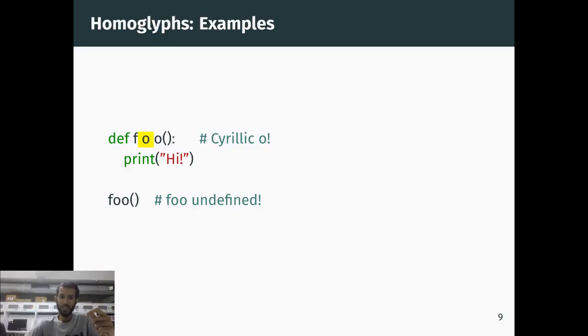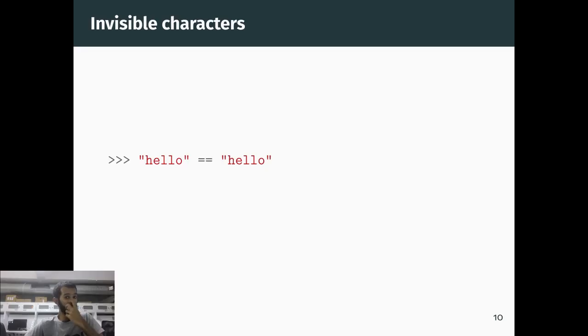So that's another example. Another way of messing with Unicode is the usage of invisible characters. For example, in this code snippet, I compared two strings, hello and hello, but the result is false. Why is that? It's because the second string actually consists of 6 characters.